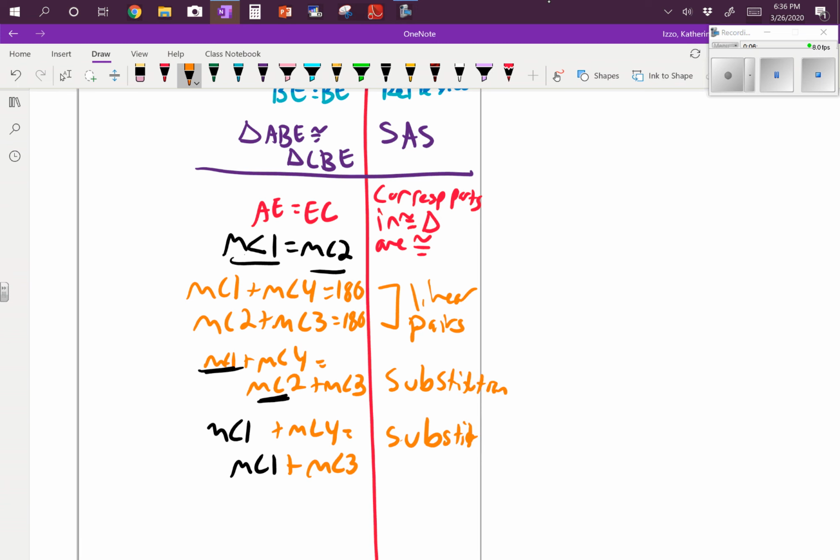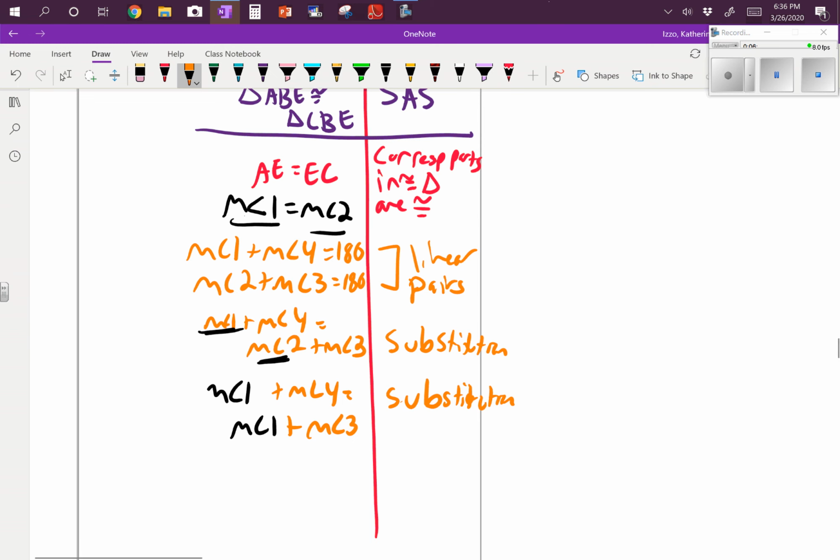Why would we have to write out substitution? Because substitution and subtraction both start with the same 3 letters. And there's a very big difference between the substitution steps and the subtraction step. The subtraction step is at the very end, where you get measure angle 4 equals measure angle 3.